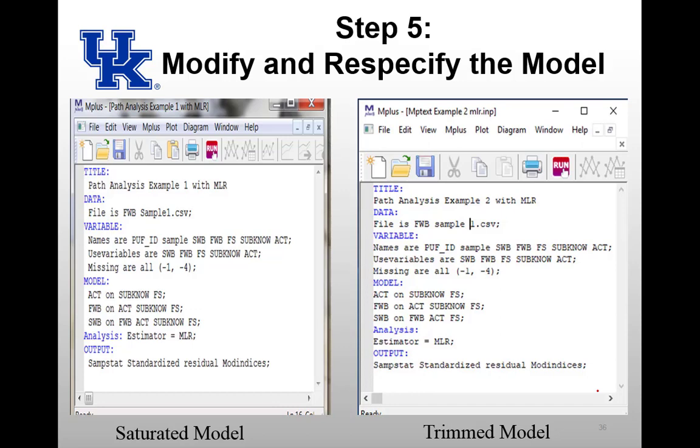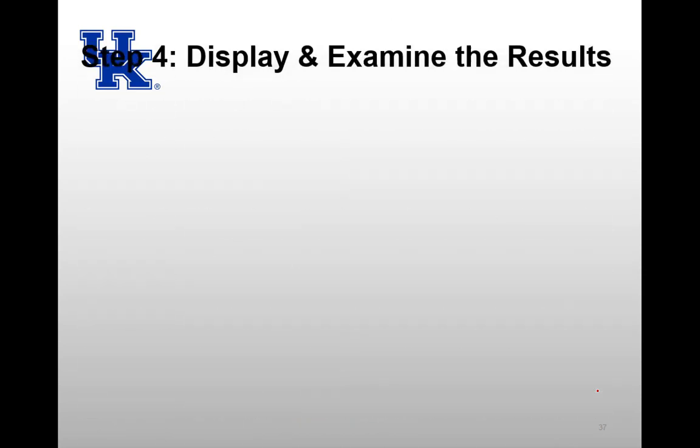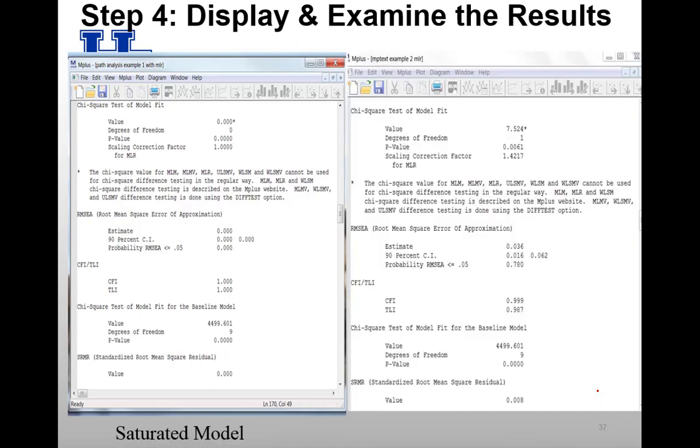Mostly the syntax is exactly the same. The only difference is here: we regress life satisfaction on all our IVs. Here we delete financial knowledge. That's the only difference. And then we display the results and compare them.